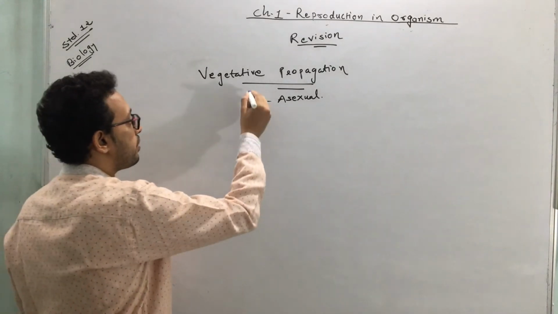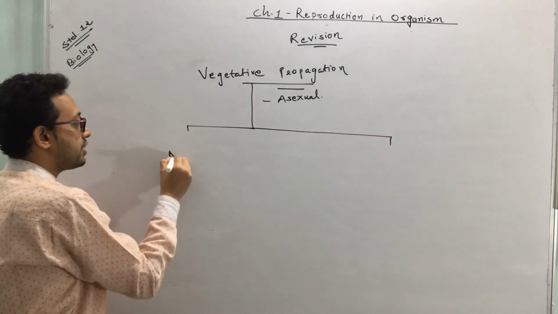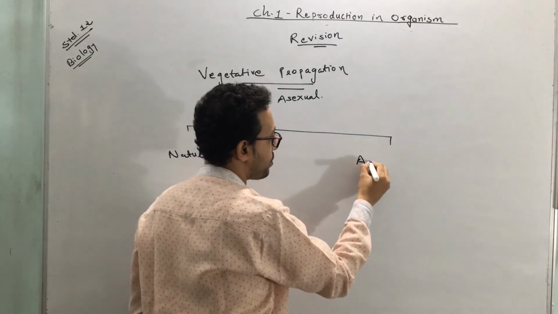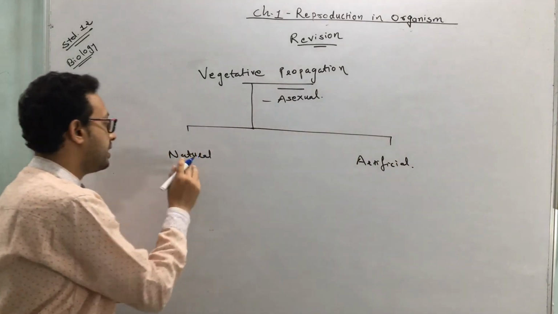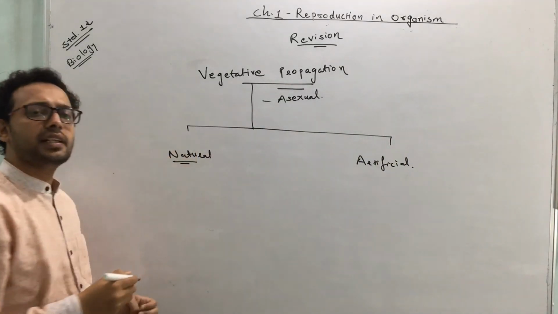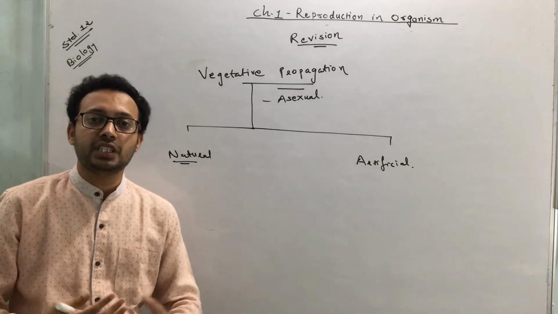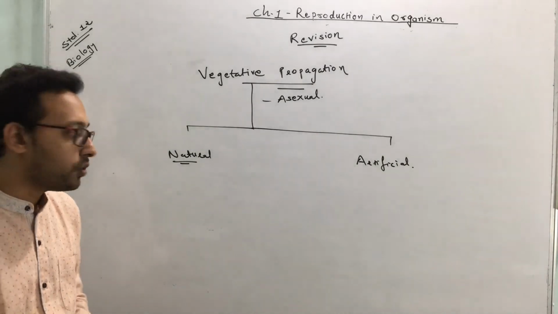The plants which reproduce vegetatively adopt either of two methods: natural and artificial. In the natural method, they do asexual reproduction or vegetative propagation naturally with the use of their own organs.